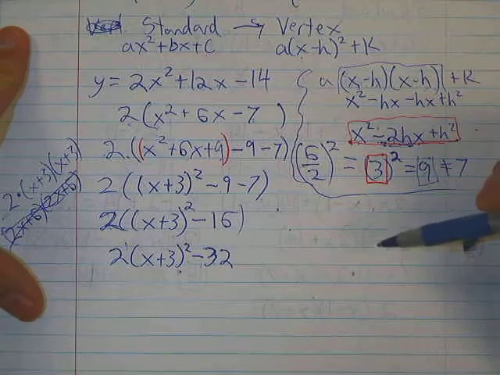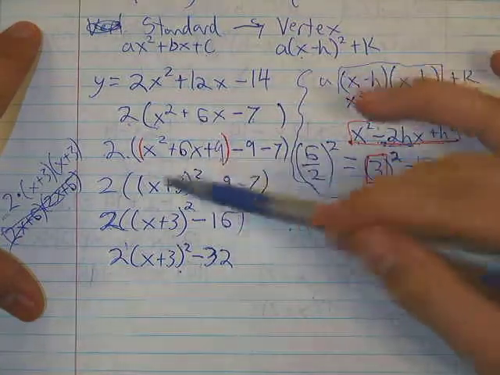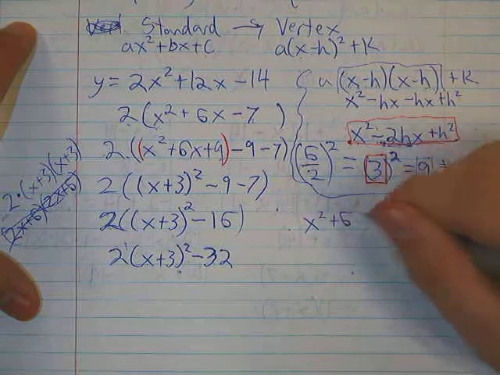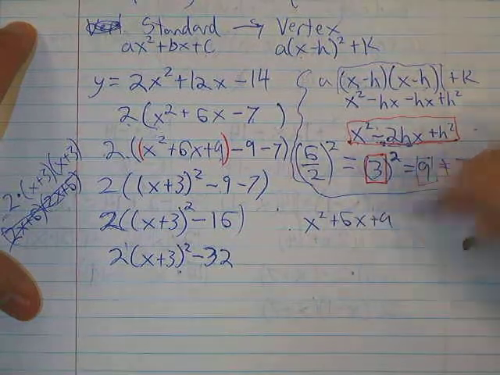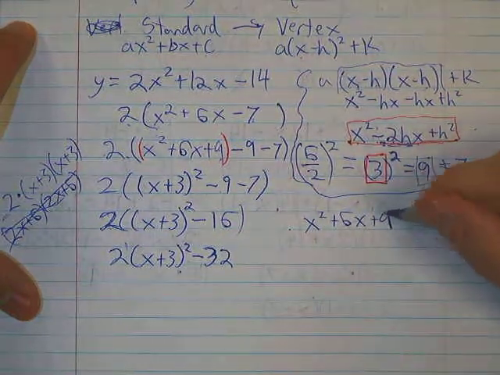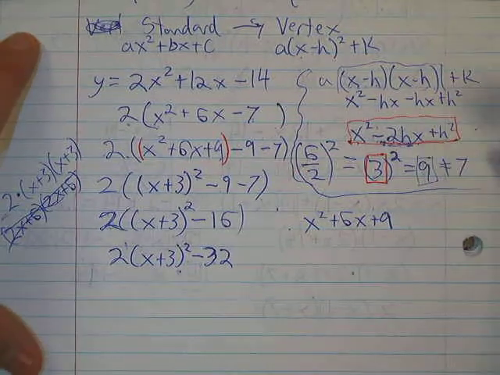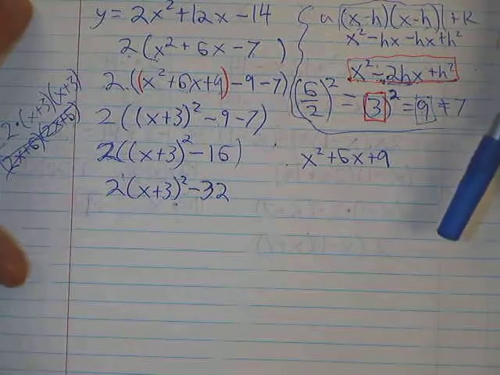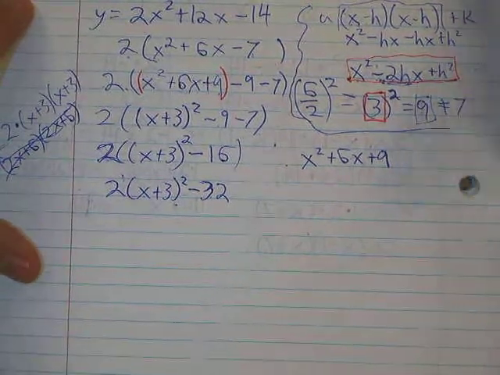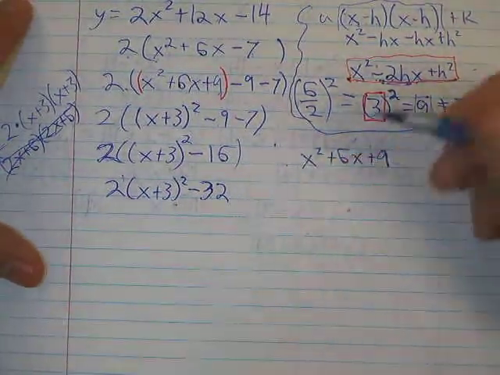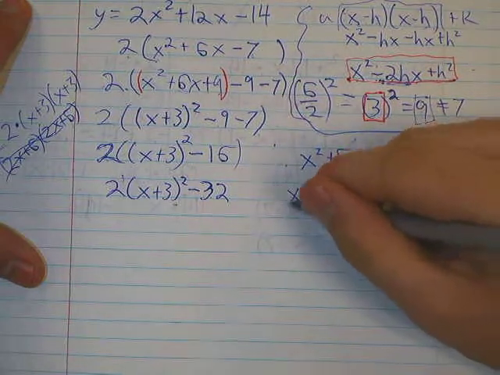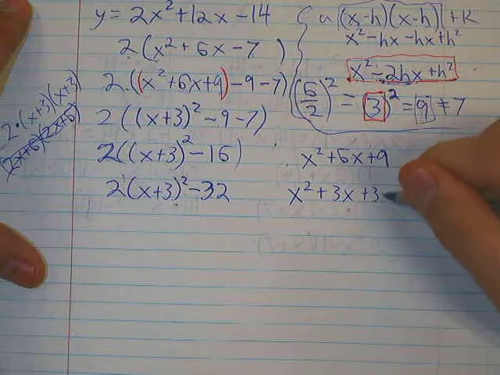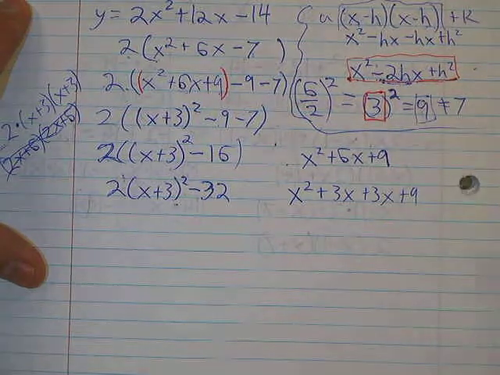Now, one thing you may be wondering about is this step where I factored here. You may not quite believe me that that'll factor out every time, but I'll at least prove it to you for this situation. x squared plus 6x plus 9. Now, I'm not going to go through all of the steps for factoring. If you'd like some more information on that, please go look at the previous video I posted on factoring quadratics. But I will go through most of it.